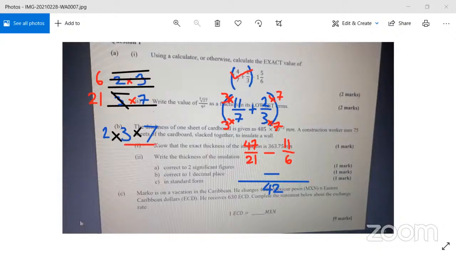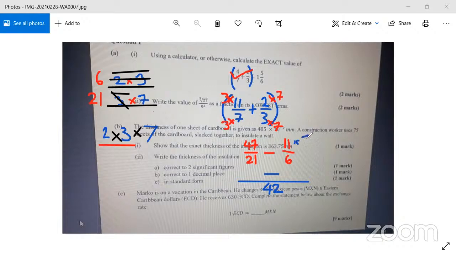So we'll multiply 21 by 2, right? And then this part here is 6. So we multiply 6 by 7, right? So let's have a go at that.